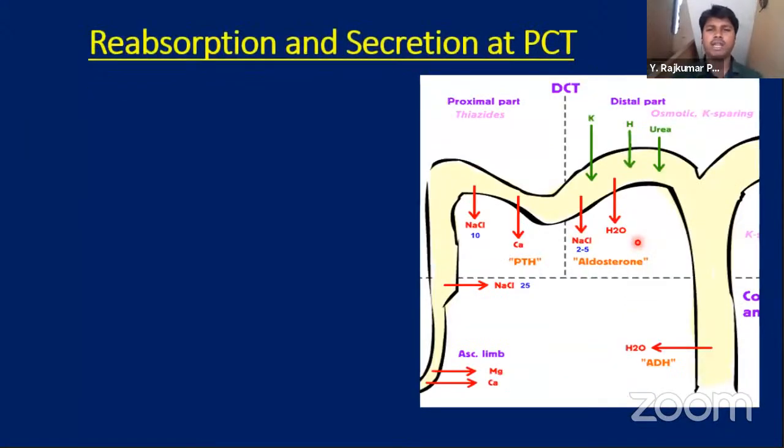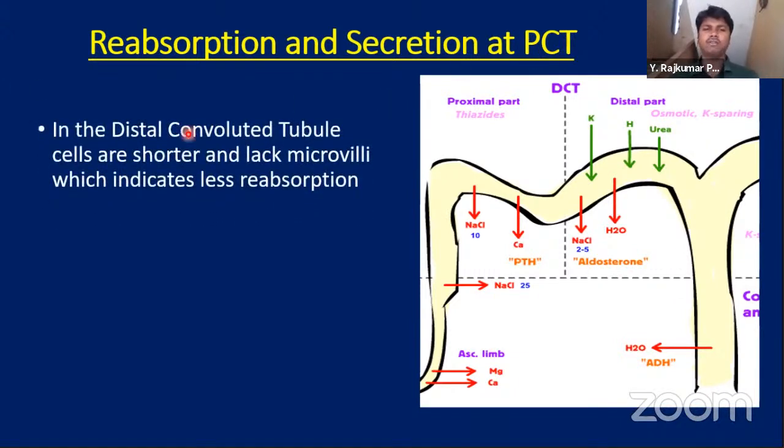Okay, let's see what happens in the DCT region, which is the distal convoluted tubule. This is not PCT, actually DCT. In the distal convoluted tubule, cells are shorter and lack microvilli, which indicates less reabsorption. Okay, so it has no villi structure. That's why reabsorption is very less here, but there is a selective reabsorption.